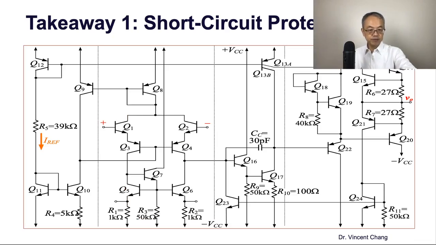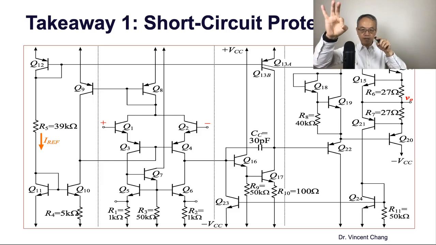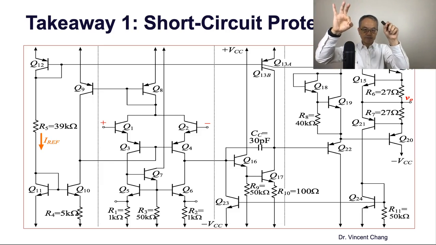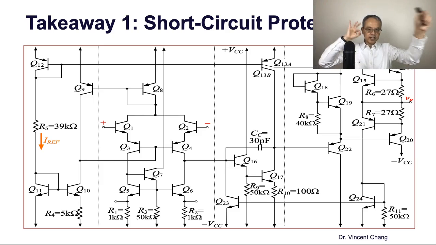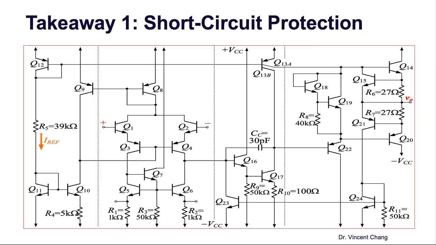For example, let me give you an example. This looks intimidating to you, maybe. It's a 741 integrated circuit operational amplifier. Differential in, base of Q1 and base of Q2, and single-ended out. So now you know what happened.